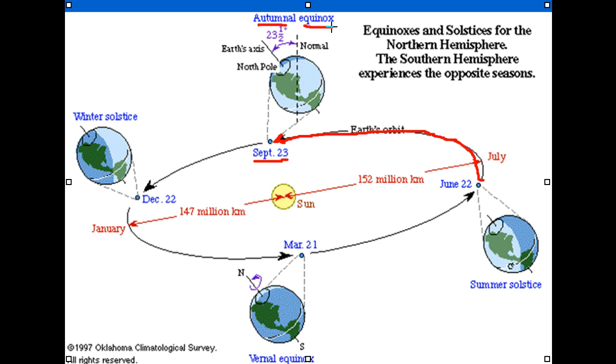Now, equinox sounds like the word equal, and that's for good reason. On September 23rd, we have equal amounts of day and night, meaning 12 hours of each. Thus the name equinox. So get that in your notes.